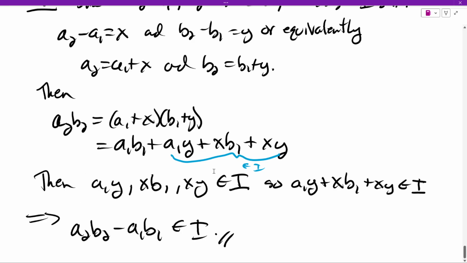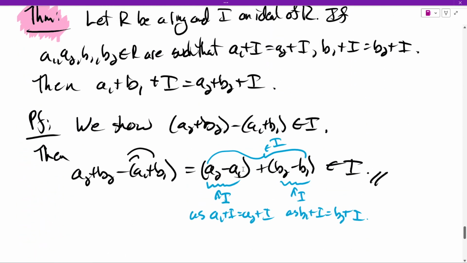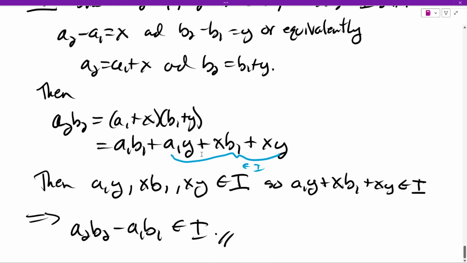And if you think about these proofs for a little bit, you'll notice that in the first proof, what we needed is that I is closed under addition only. And in the second proof, what we needed is that I is closed under multiplication by ring elements, which was one of our conditions, and addition.